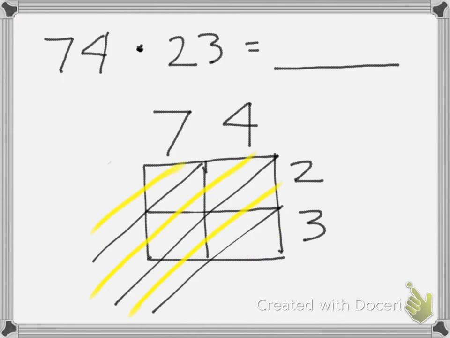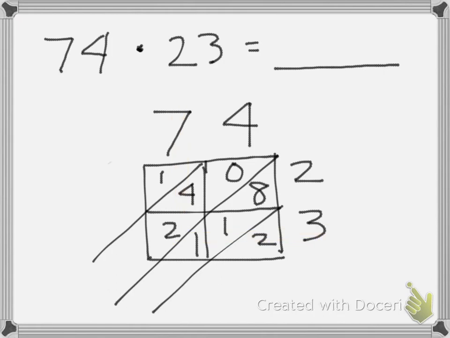So let's take a look here. First thing we do, start multiplying. 4 times 2 is 8. 7 times 2 is 14. Oops, excuse me. 14. 4 times 3 is 12. 7 times 3 is 21.